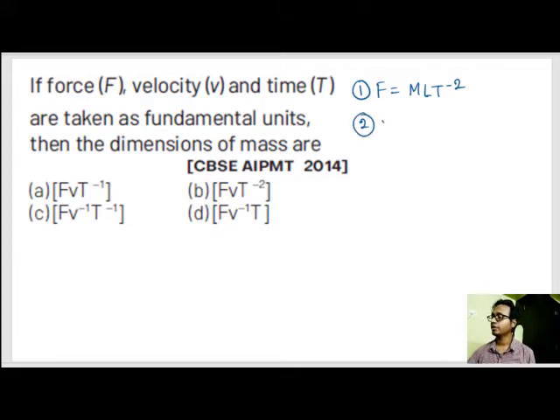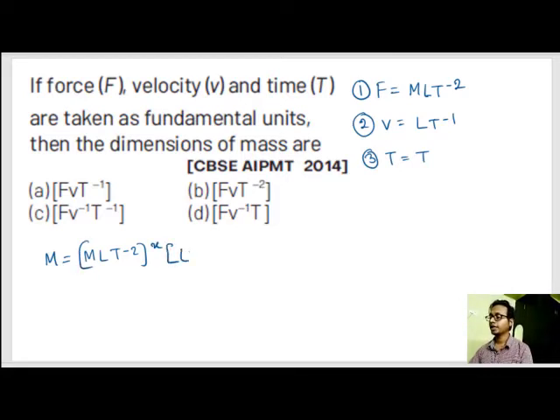The dimension of velocity is L T minus 1, and the dimension of time is T. So they are asking for the dimension of mass in terms of force, M L T minus 2 to the power x, then into velocity, L T minus 1 to the power y, into time to the power z.